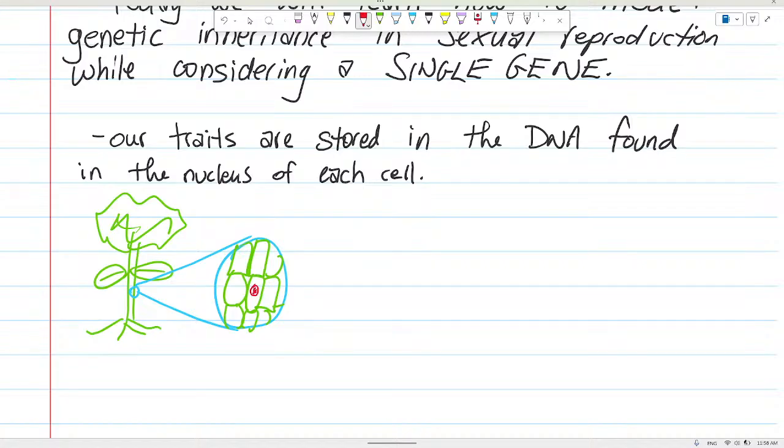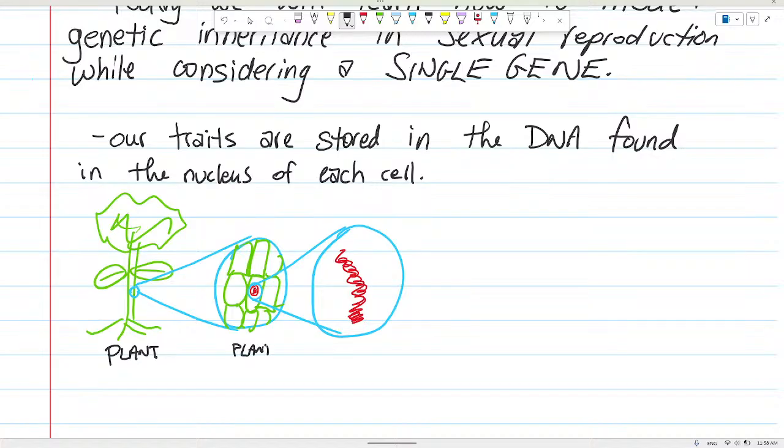And if you zoom in there, you know that DNA, at least at some points, kind of looks like this. I will label these for you. This is a plant. These are plant cells. And this is DNA in the nucleus.